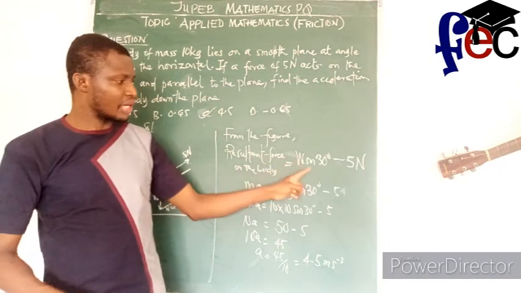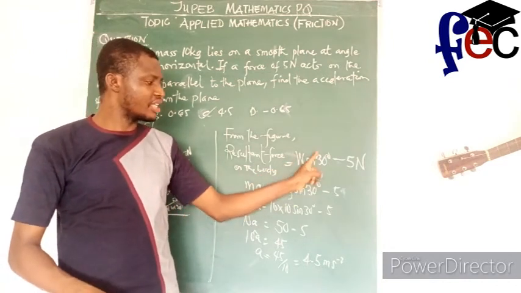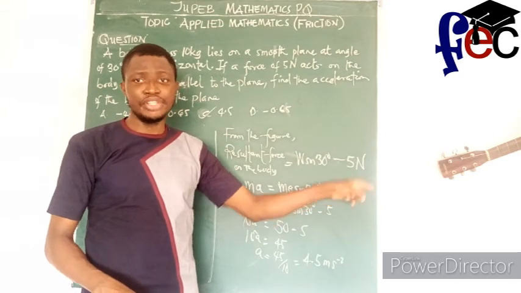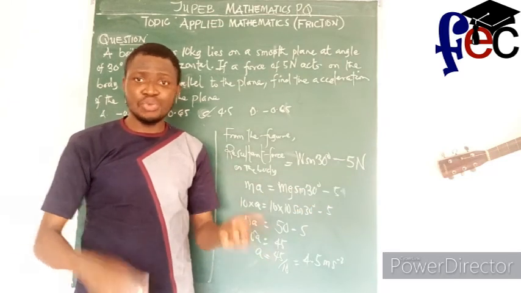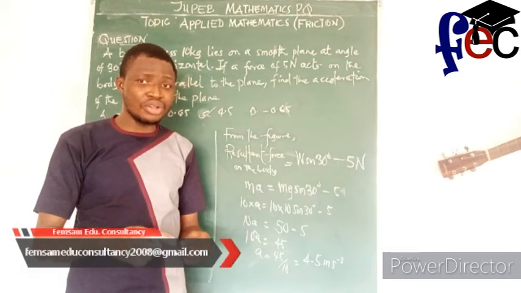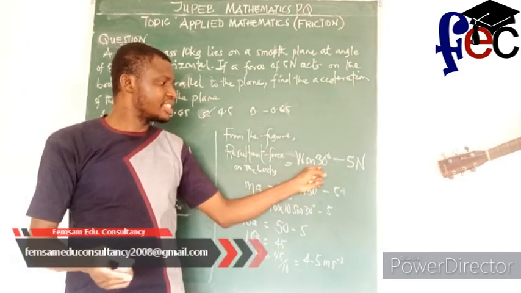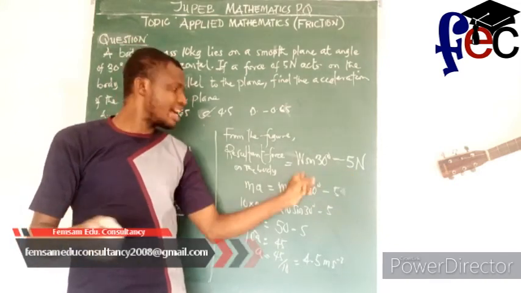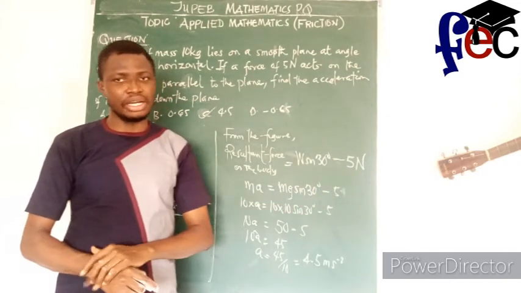That means what I would have written would have been W sine 30 degrees minus 5 Newton minus friction, because friction will always oppose the motion. The one that will cause the motion is the difference between the friction and W sine 30 degrees. I hope it's clear.